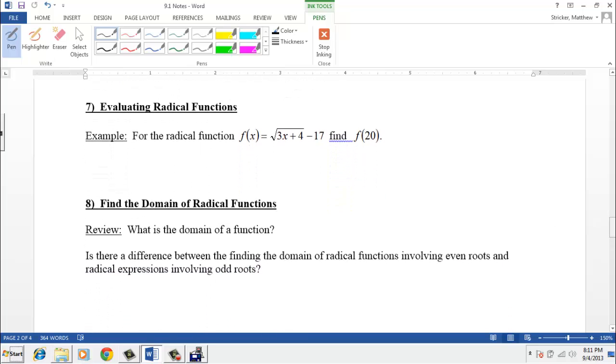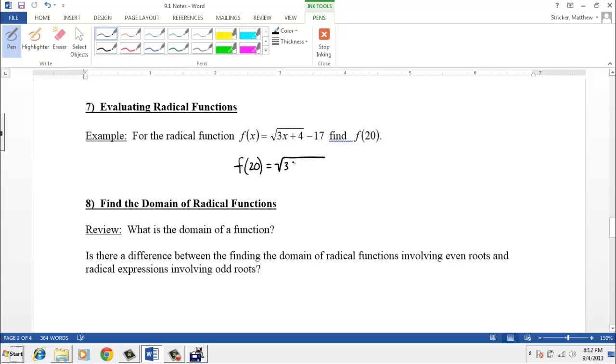We can also talk about if we have a radical function, that's a function that has a square root or a cube root in it, or a fourth root, or so on. If we have a radical like that, we can evaluate the function. So, for example, with this function, if I wanted to find f of 20, I would take wherever there was an x and plug in a 20.